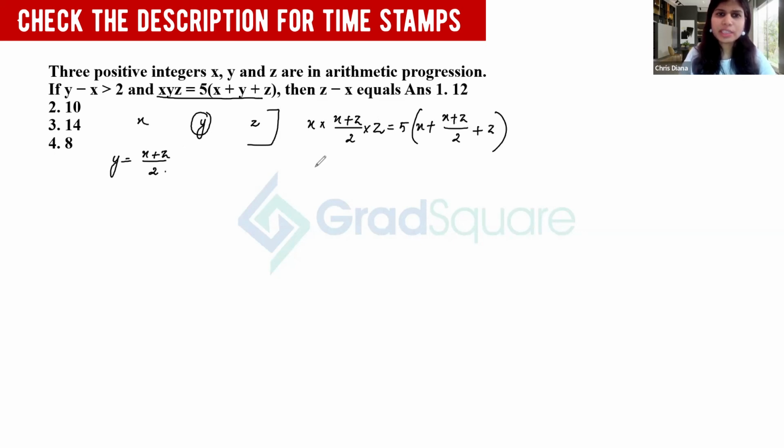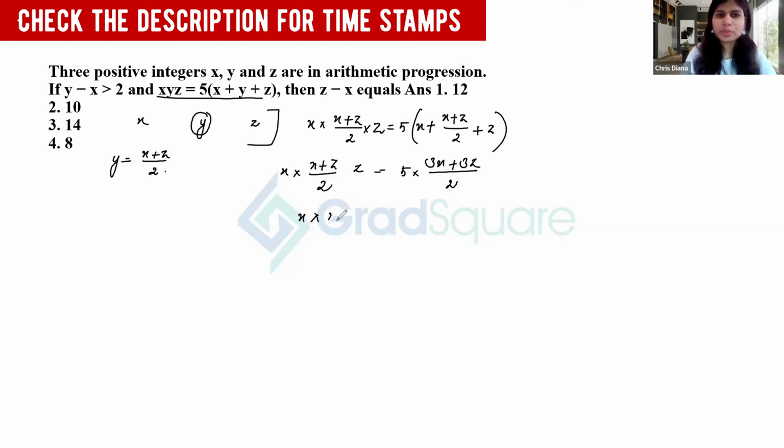Now when I take the LCM, this side I'll end up with 2 here, and this gives me 3x, because 2x plus x is 3x, plus again 2z plus z is going to be 3z, into 5. Now this is z into x plus z divided by 2.